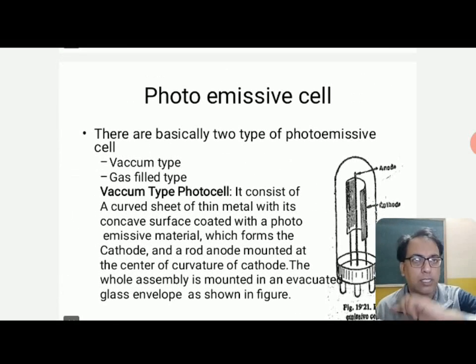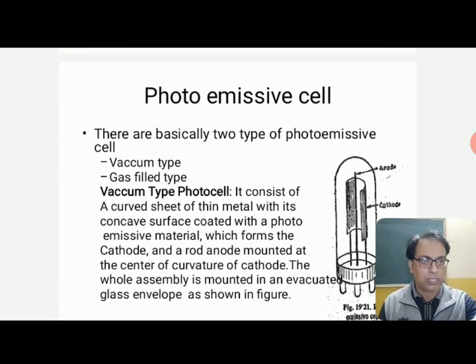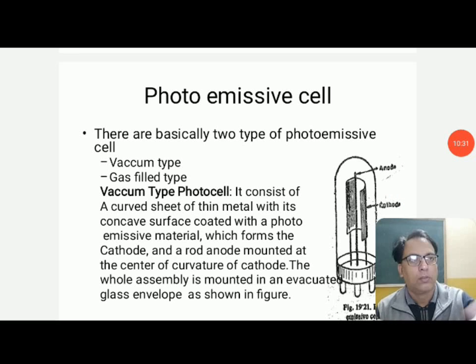Now let us see the first class of photoelectric transducer, the photoemissive cell. There are basically two types of photoemissive cell: one is vacuum type and the other is gas type.